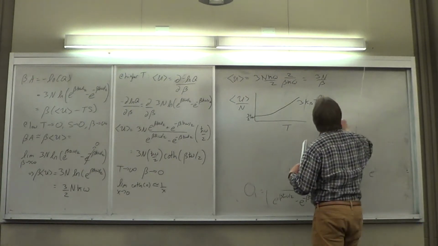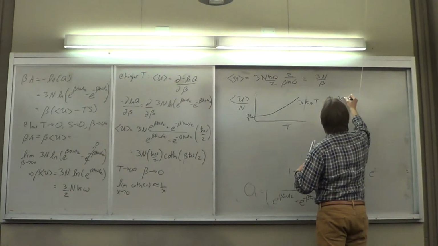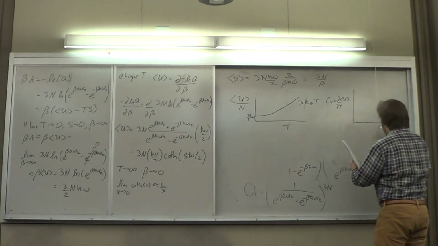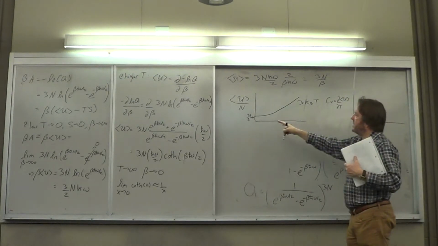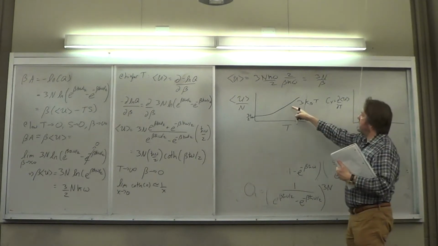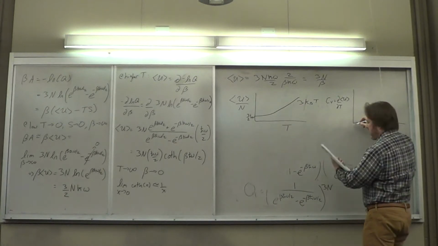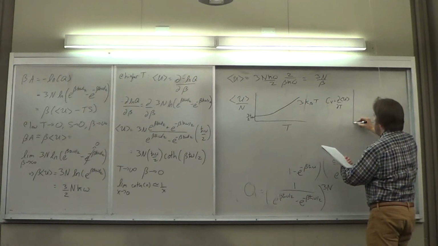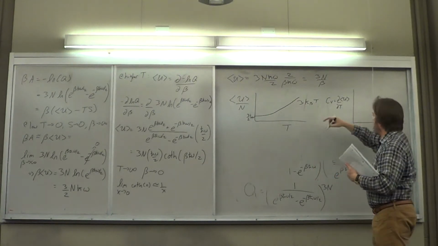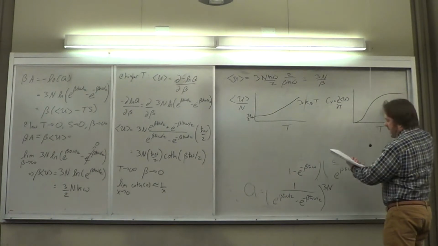Now the derivative of that with respect to temperature is the heat capacity, so let's do that. It starts out 0 because the slope is 0, and then the slope increases, but then it stops changing again. So the slope of the straight line is 0, then the slope turns up and increases to some asymptotic value.